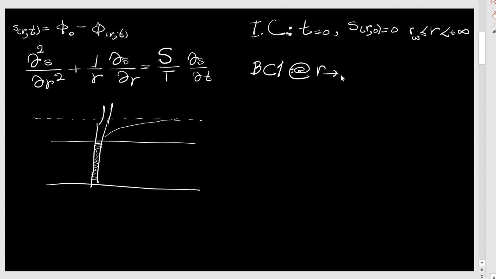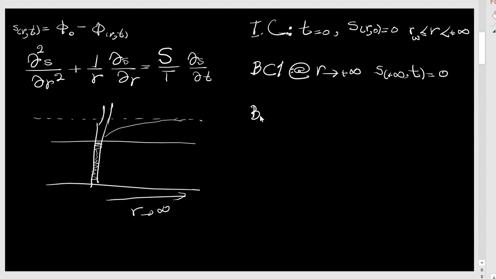Boundary condition 1 is at r infinity. If you go far enough from the well, technically you can say that s at r going to infinity, at any time t, is again 0.